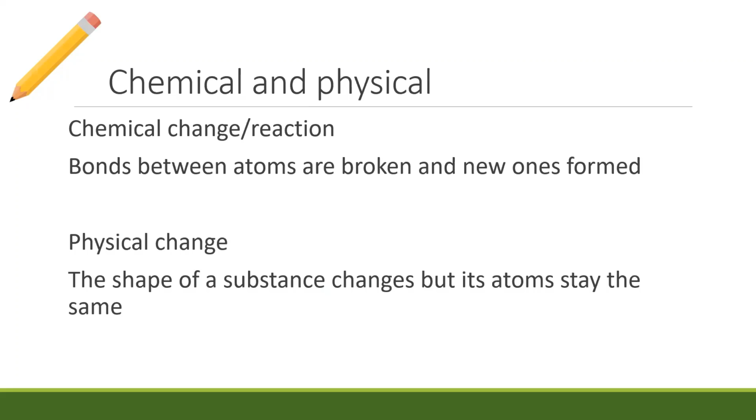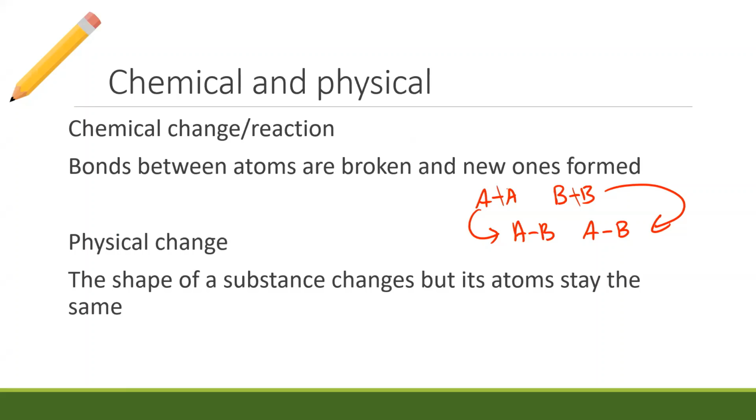are formed. Okay? So if I have two chemicals, if I have A bonded with A and I have B bonded with B, and then I break these bonds and make A bonded with B and A bonded with B, that is a chemical reaction because the bonds between atoms have been broken.